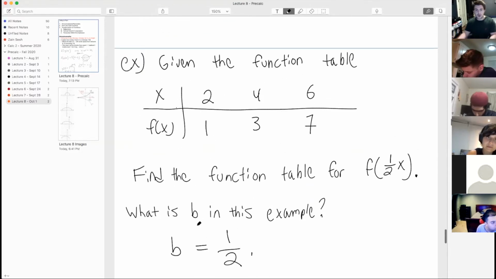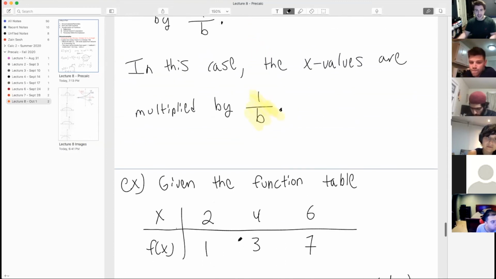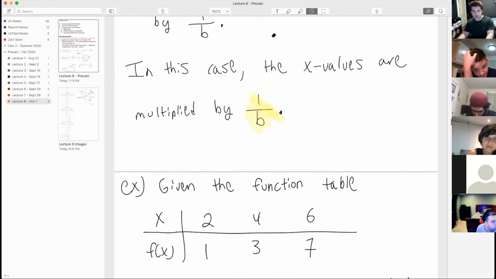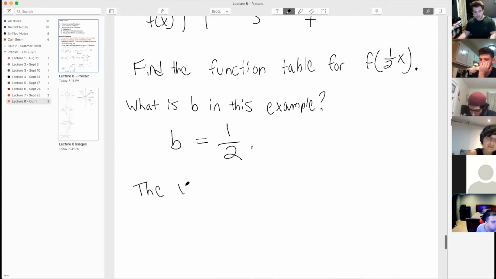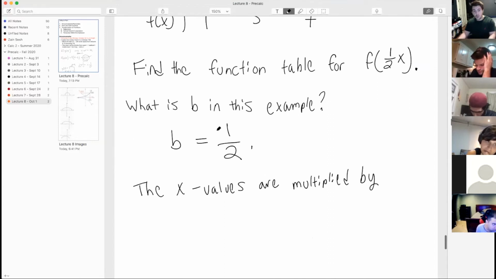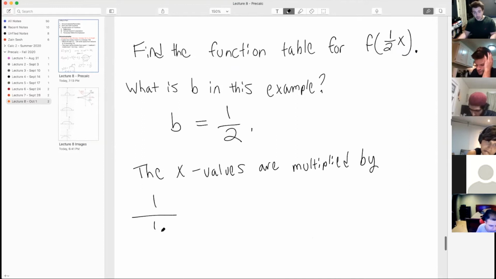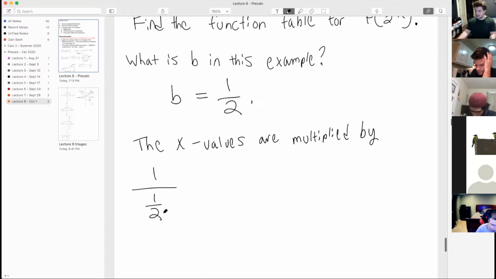Good. So b is 1/2, and now look at what I wrote here. The x values are multiplied by 1 over b. So here, the x values are multiplied by 1 over 1/2, because that's what 1 over b is.